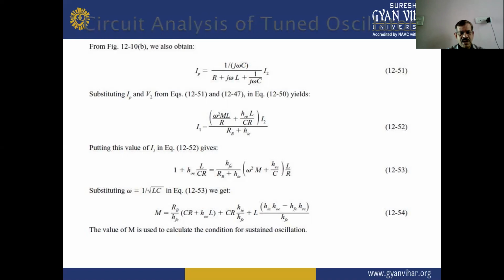So we have M equal to RB upon hfe into CR plus hoe L plus CR into hie upon hfe plus L into hie hoe minus hfe R hre upon hfe. The value of M is used to calculate the condition for sustained oscillations.